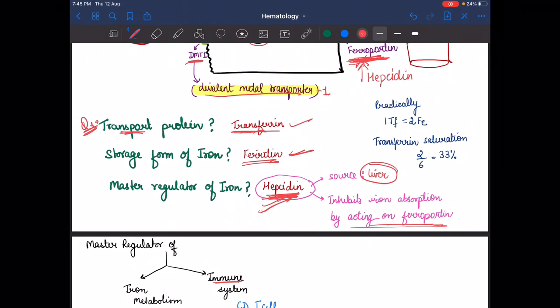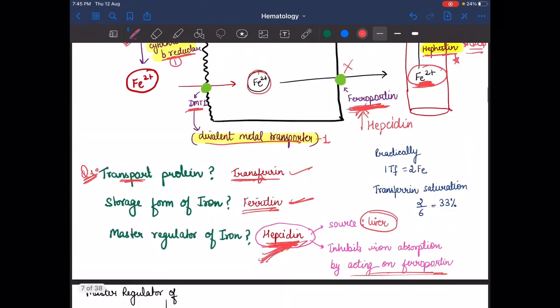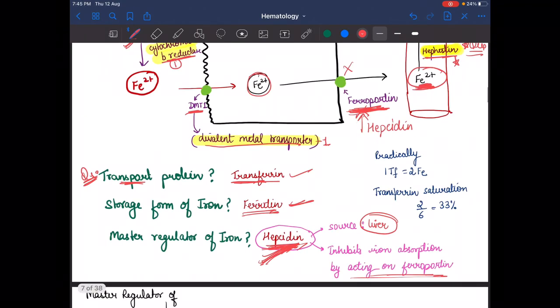The master regulator of iron is hepcidin, which is released by the liver, and hepcidin inhibits the ferroportin transporter, which decreases the absorption of iron from the basal side. So it inhibits iron absorption by acting on ferroportin, and it also inhibits us from using our iron storage.